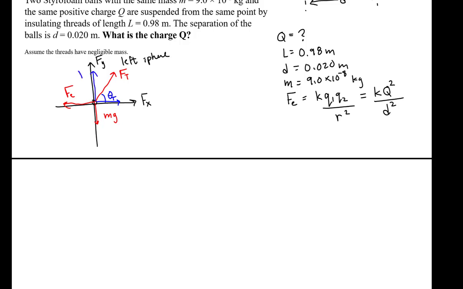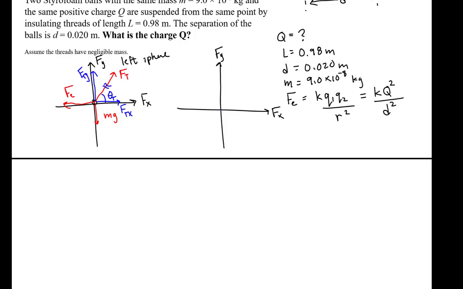So I will call this component force of tension in the y direction, and this component force of tension in the x direction.